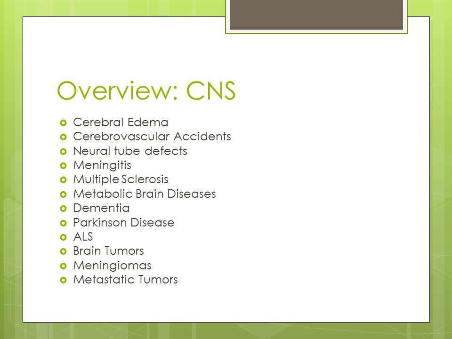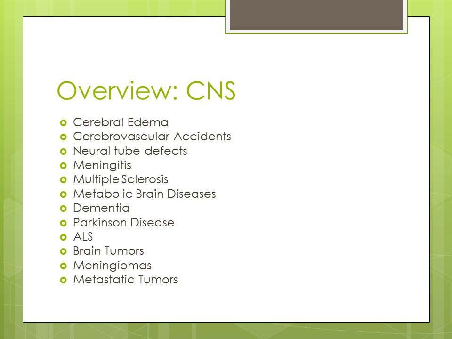And then we'll talk about cerebral edema and cerebrovascular accidents, or CVAs, aka strokes, aneurysms, that kind of thing. Then neural tube defects, meningitis, multiple sclerosis, metabolic brain diseases, dementia, including which I'm really going to go over as Alzheimer's.